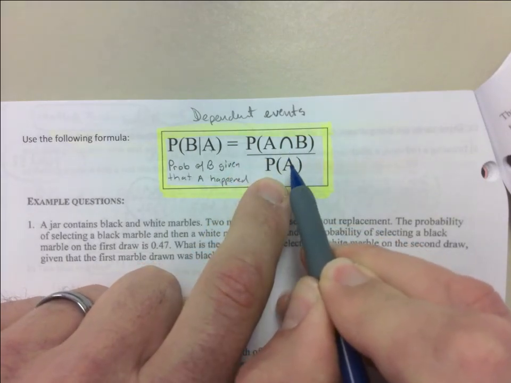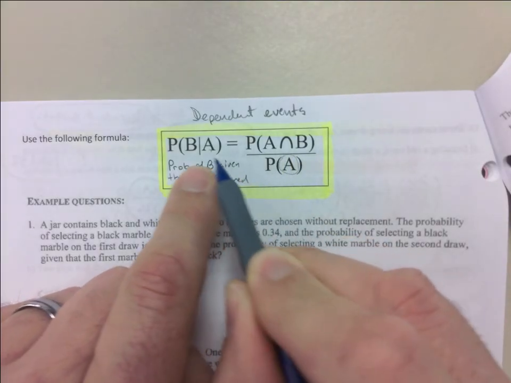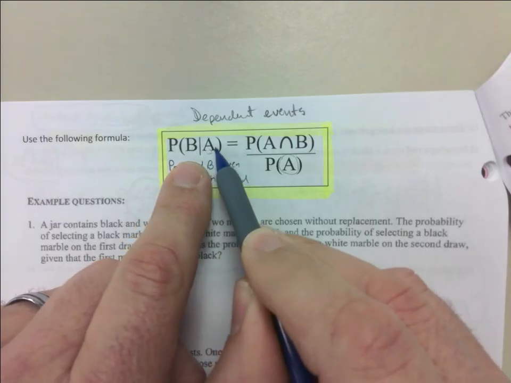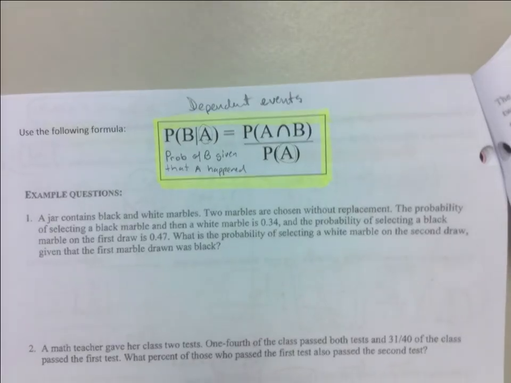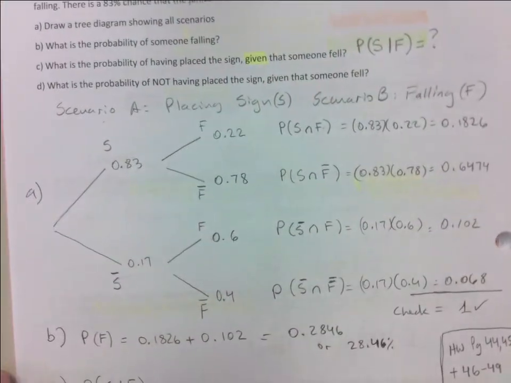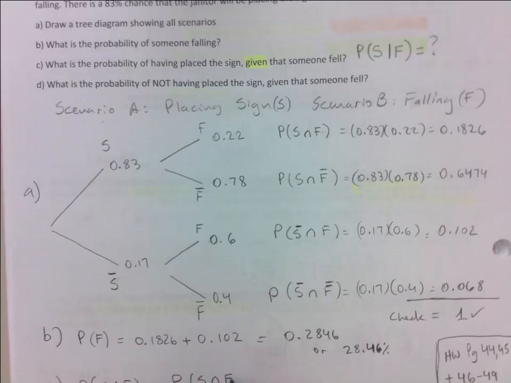And at the bottom is the probability of A, which is which letter here in this mix? It's that second letter. Okay, so that's the pattern. So let's go ahead and use that. So basically, this is probability of sign and F. Mr. Dirksen, does it matter if I go F and sign or sign and F? It doesn't matter.